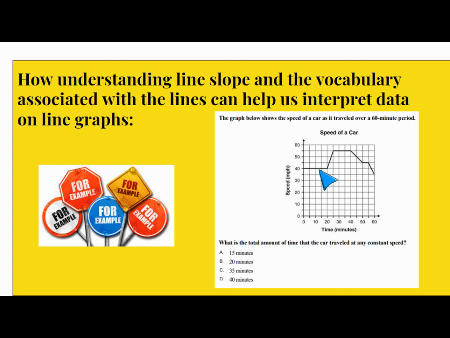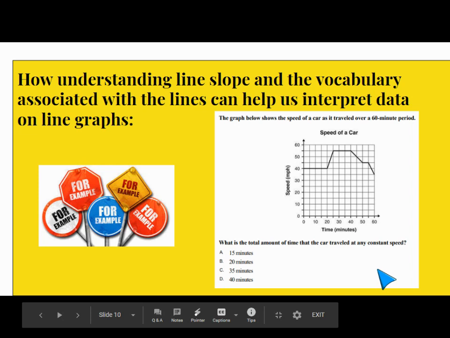From 0 minutes to 20 minutes, and from 25 minutes to 40 minutes is a 15-minute constant speed. When we add those 2 together, we get a total of 35 minutes traveling at a constant speed. So in this case, you would pick C. If that wasn't what you were thinking, reread the question and look at that data.